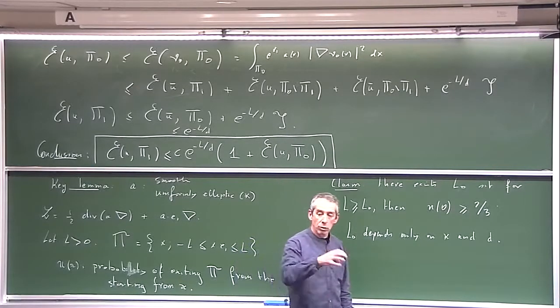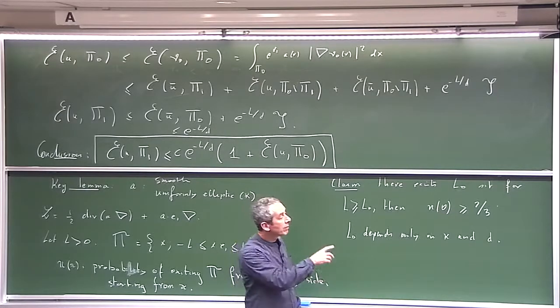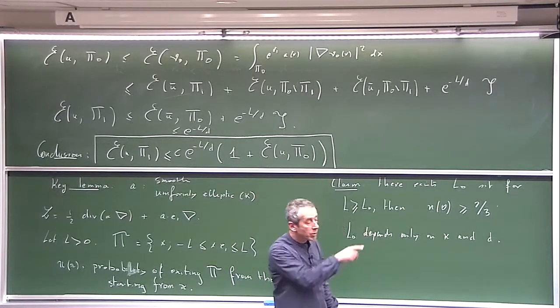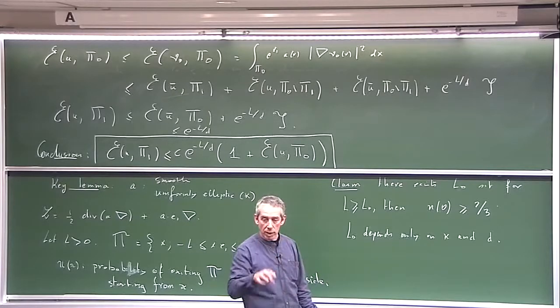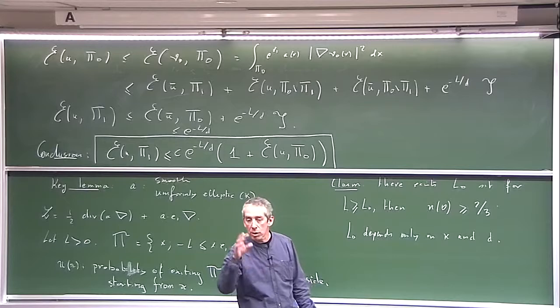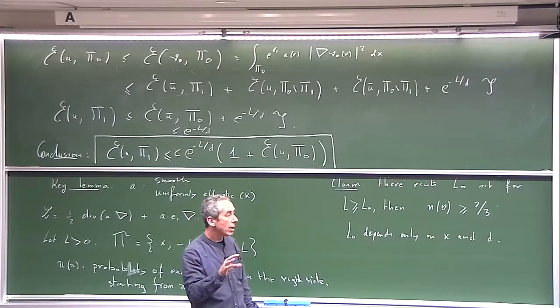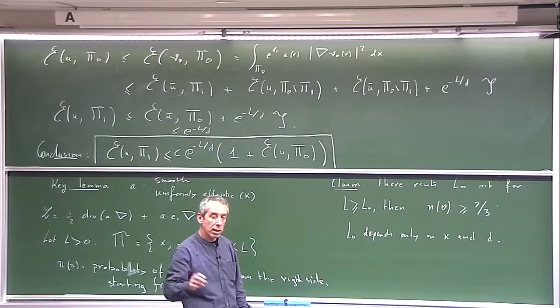And then you sum up all these estimates. That is, you divide the box pi 0 into boxes of size 1, and then on each one you have a uniformity estimate, or whatever you want to call it, and then you sum these things.